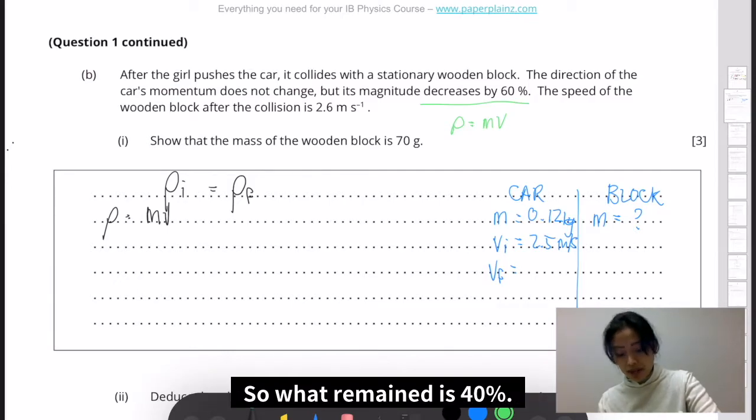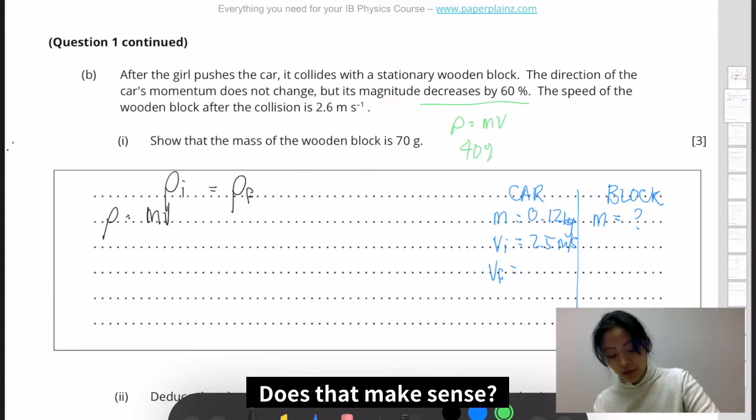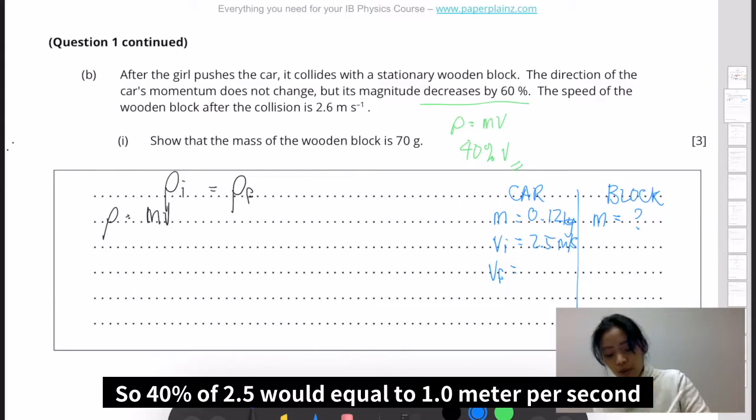So what remained is 40% of the velocity. Does that make sense? So 40% of 2.5 would equal 1.0 meters per second.